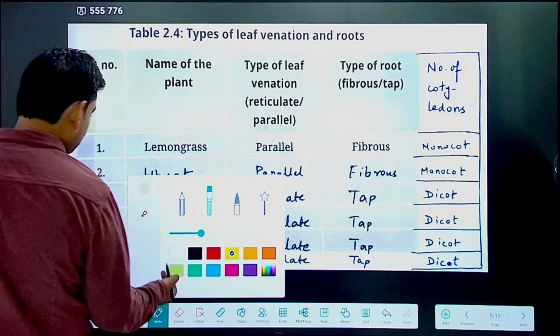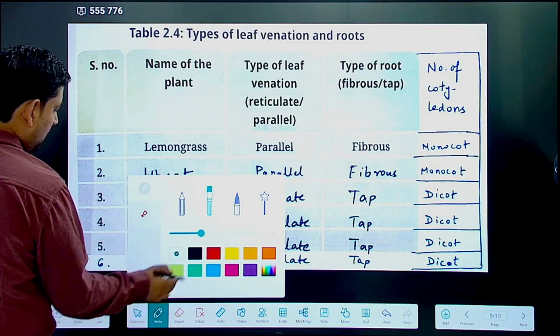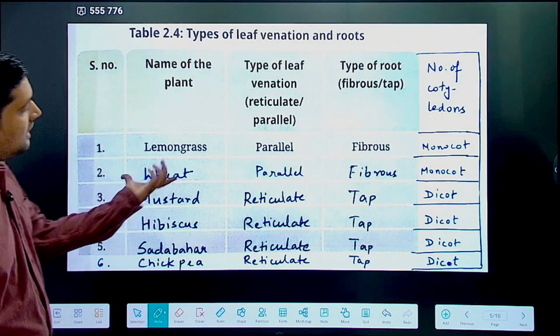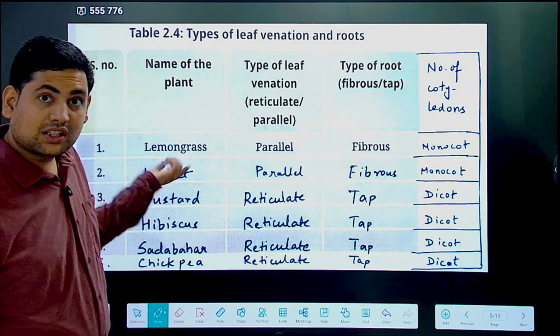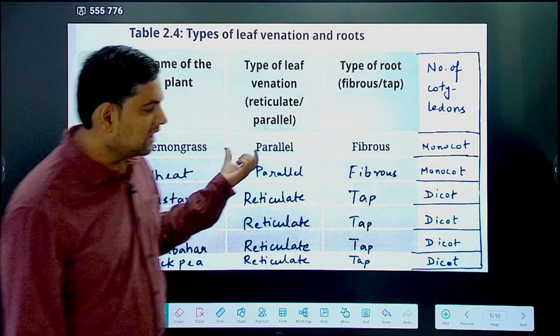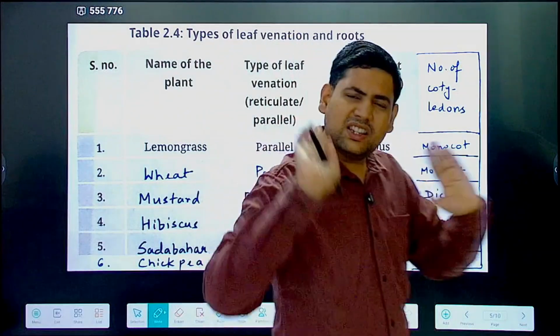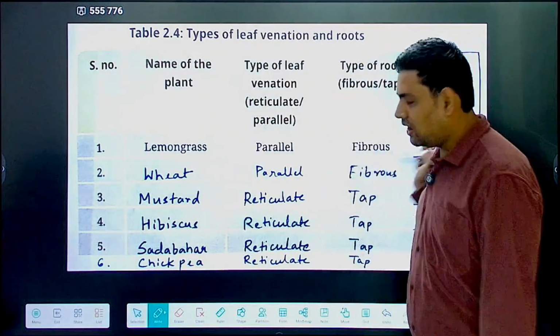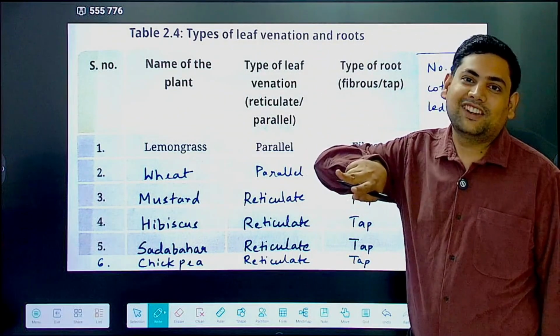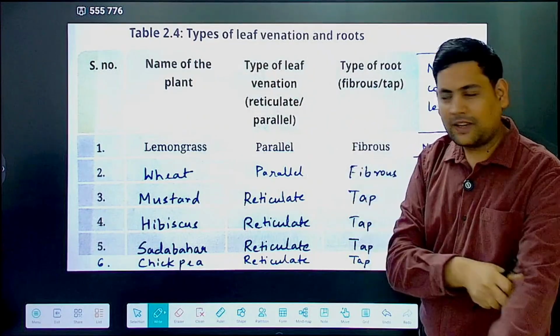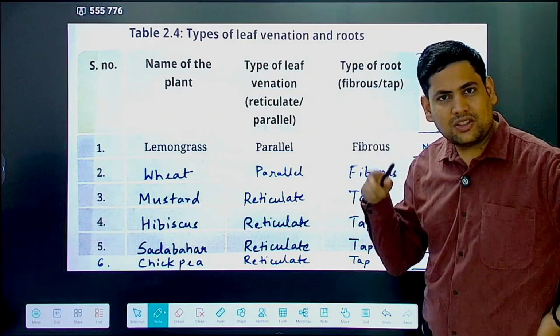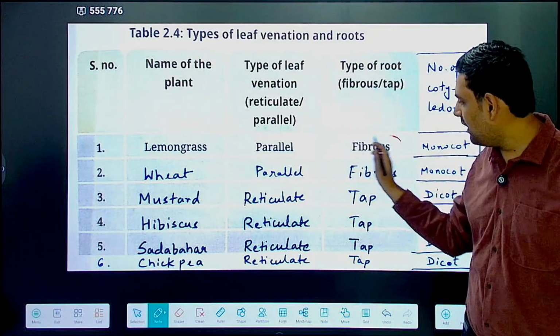Now if you look here, there is lemongrass. From grass you understand, one thing you need to know: if you know one of them, then you can guess the other two. So now you see lemongrass, you immediately understand grass means fibrous.